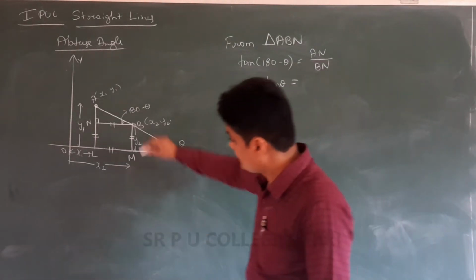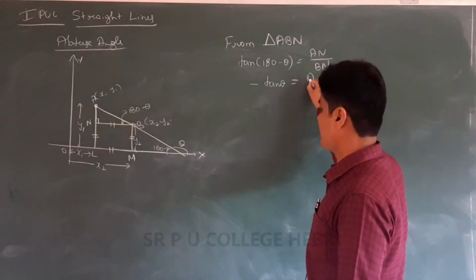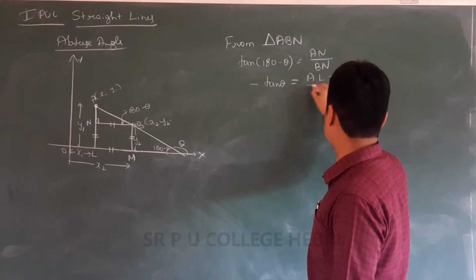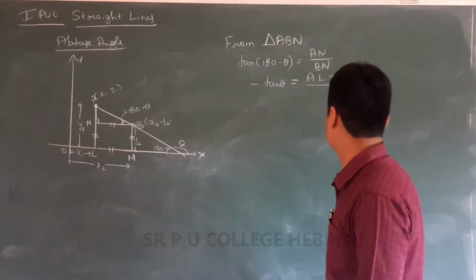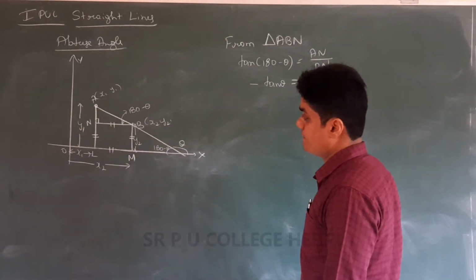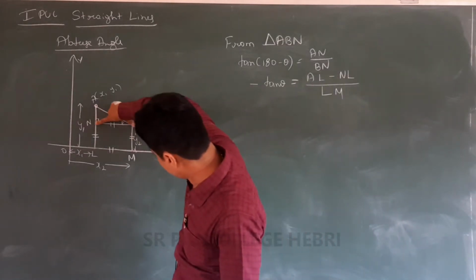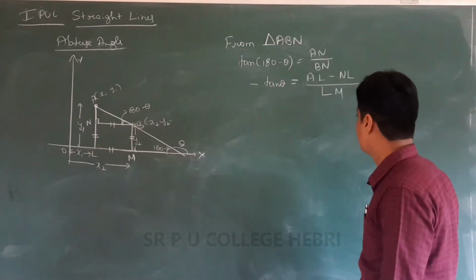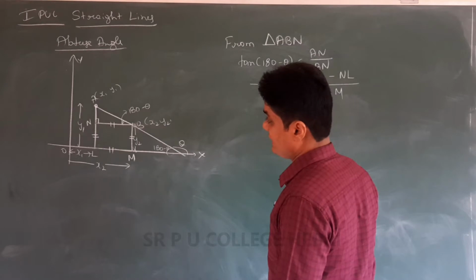AN is equal to AL minus NL. Do you agree with me? Correct, very good. BN is equal to LM. Now AL is y1.